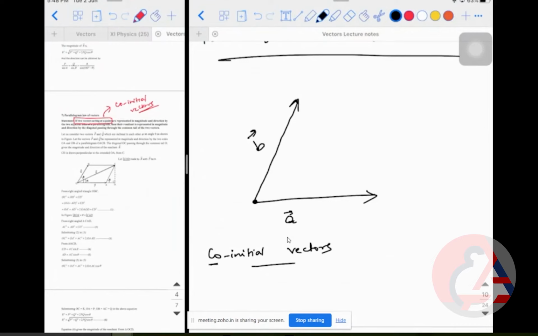Common tail. So A vector and B vector are sharing the common tail. Then the resultant is given like this, where this resultant behaves like the diagonal of this parallelogram. Okay. So let me explain what it is.